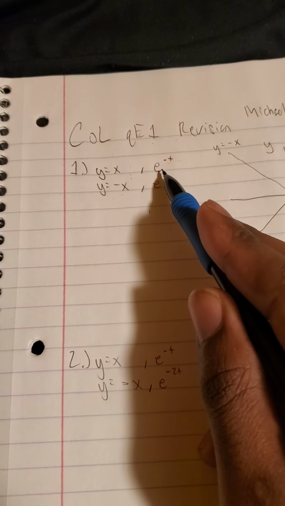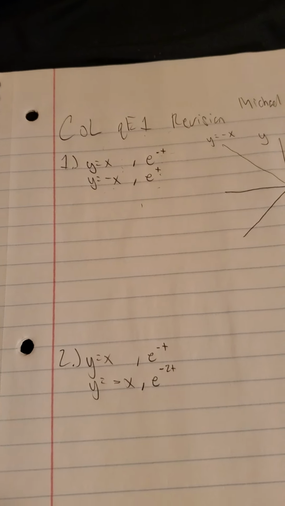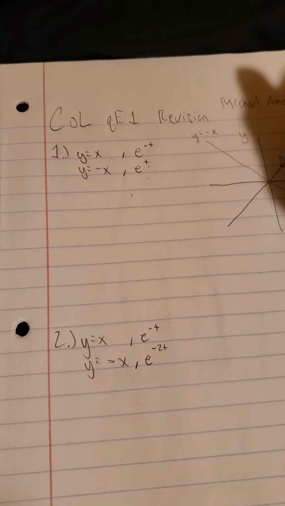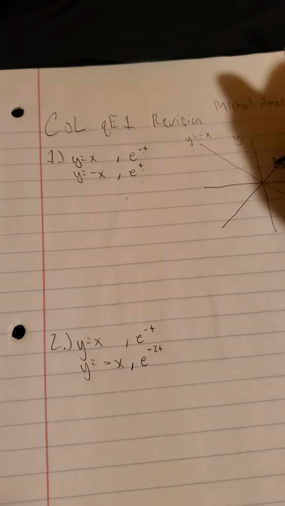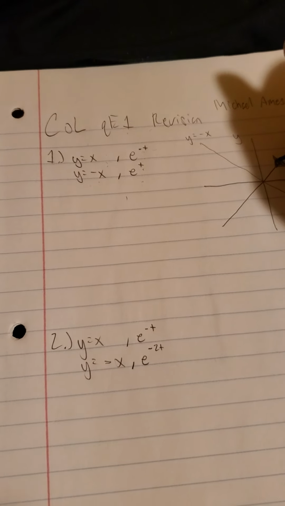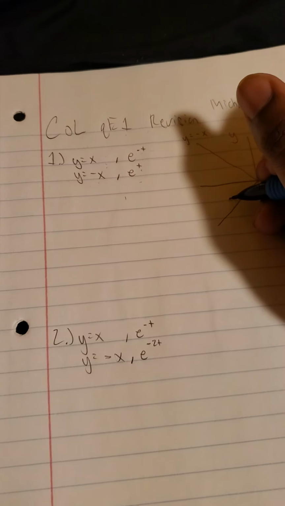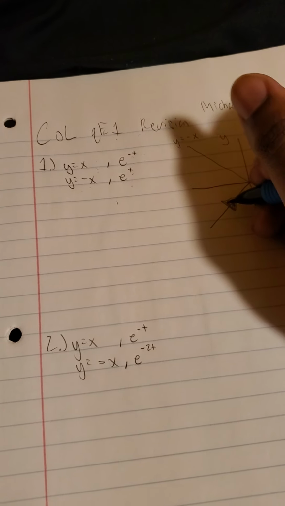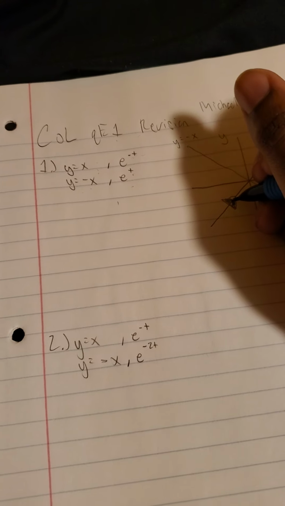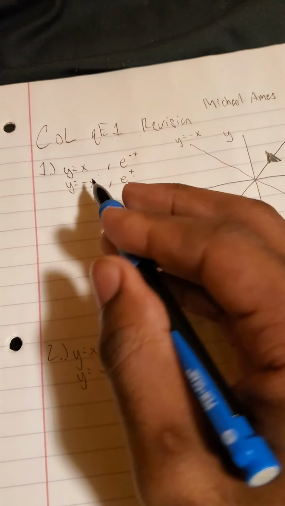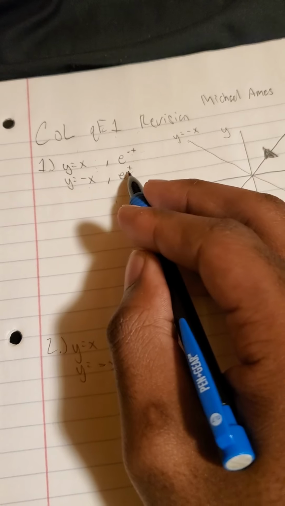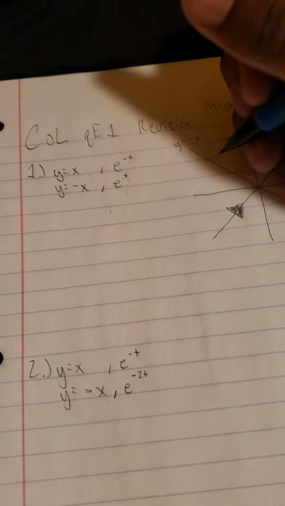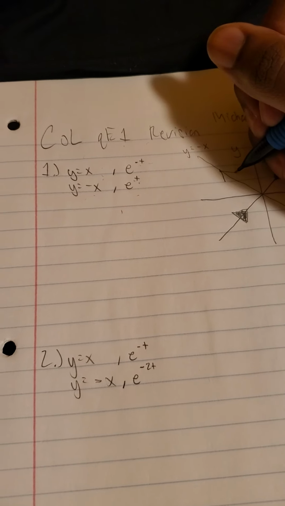Because our t right here is negative for y equals x, it will be going towards the origin, because a negative exponent will mean it's going towards the origin. So I can do that for both sides on y equals x. And if y equals negative x, because the exponent is positive, it's going away from the origin, which I will label as so.